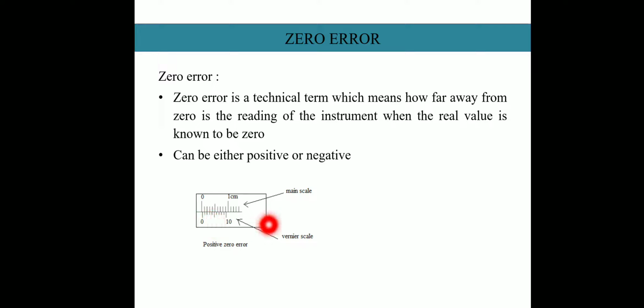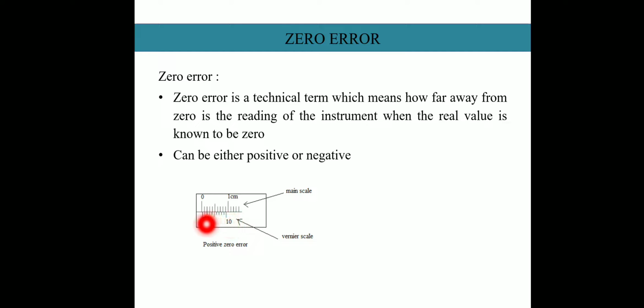But here, if you see in this case, the vernier scale, the lower scale, is ahead of the zero value of the main scale. So there will always be two scales, one main scale which always remains fixed, and the second one is the vernier scale, which keeps on changing depending upon what we are measuring.